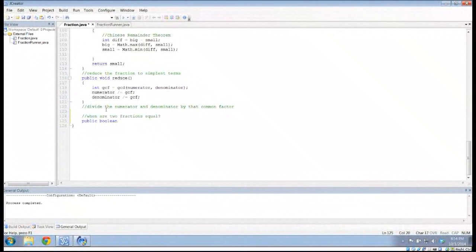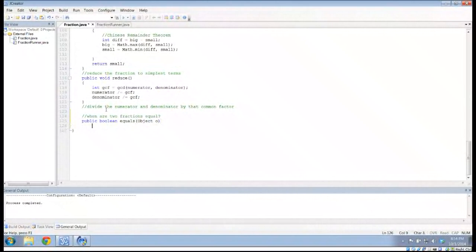And I'm going to call it equals. Now, the thing is, I have no idea what they're going to compare my fraction to. It could be anything. And so we're going to compare it to a generic object.